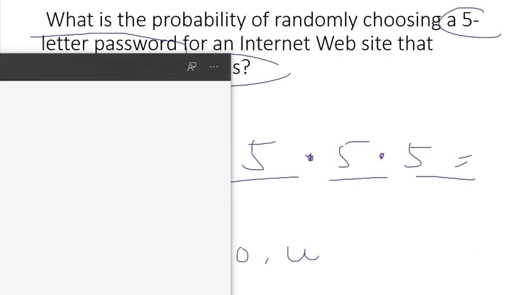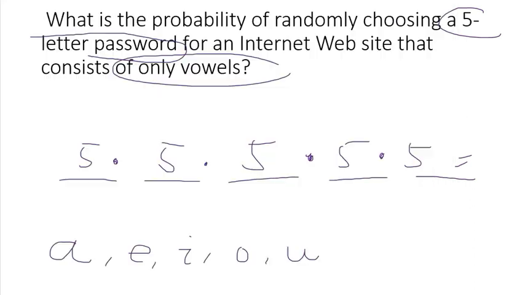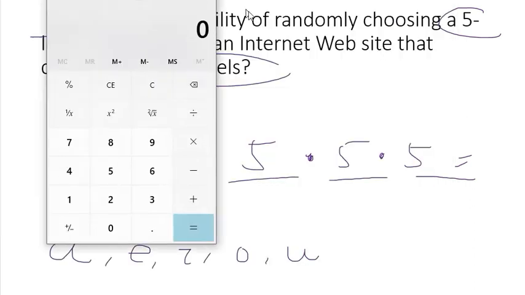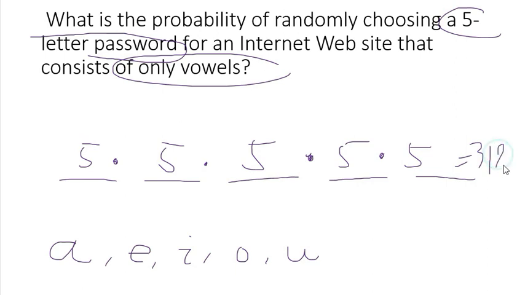So as to make sure that we're getting the correct answer, we have to multiply 5 times 5 times 5 times 5 times 5. So that's 5 5s, and that's 3,125. And that's the answer.